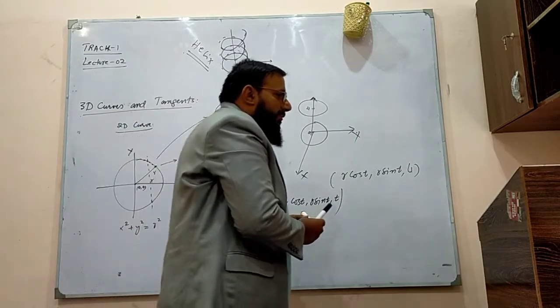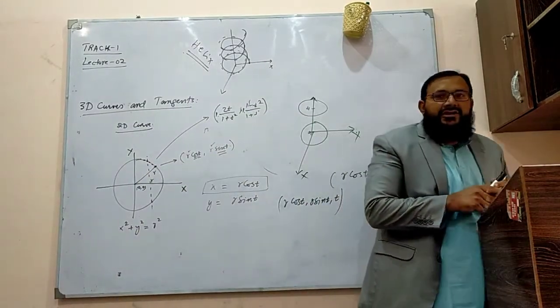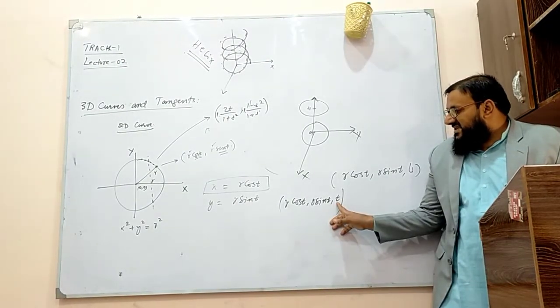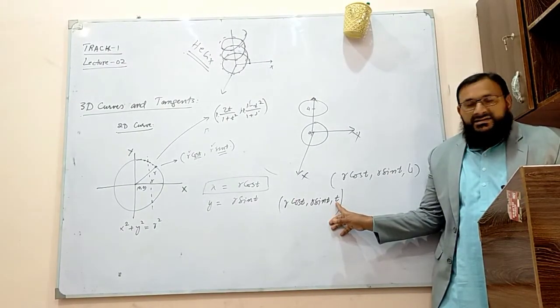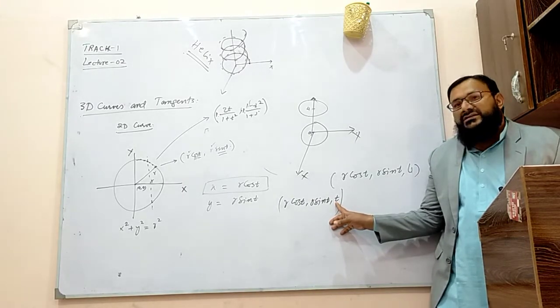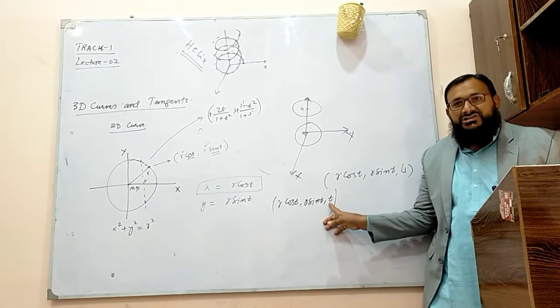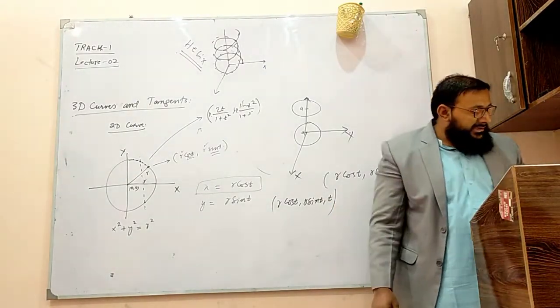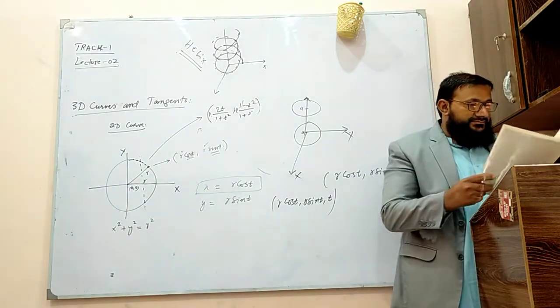This is one of the most common examples of a curve in 3D. Its z component is also there, and it contains t, which is a variable. If it is a variable, it means we are also moving in the direction of z. So this is what we call a 3D curve.